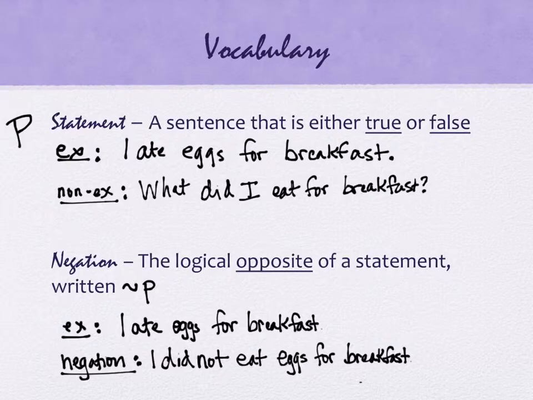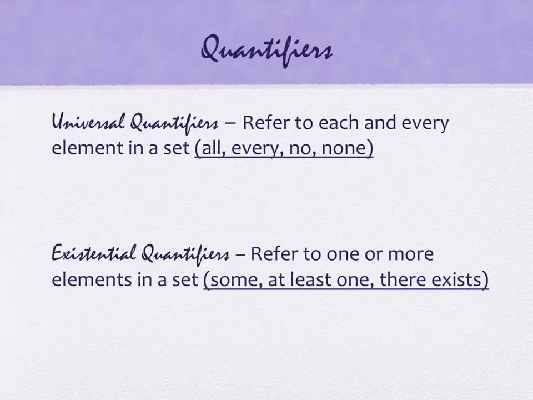Now, that sounds pretty straightforward. And for simple statements like the one I gave you, it is very straightforward. But it can be more complicated with what we're about to see next. What we're about to see next is something called quantifiers.